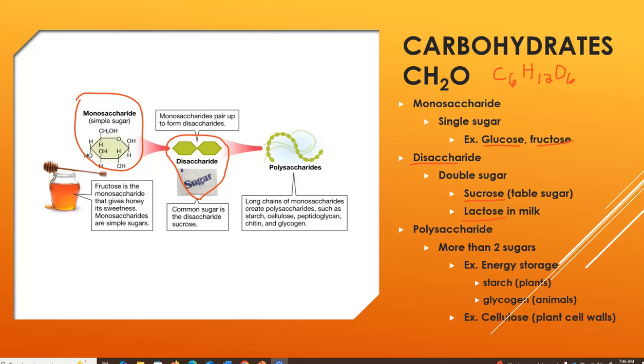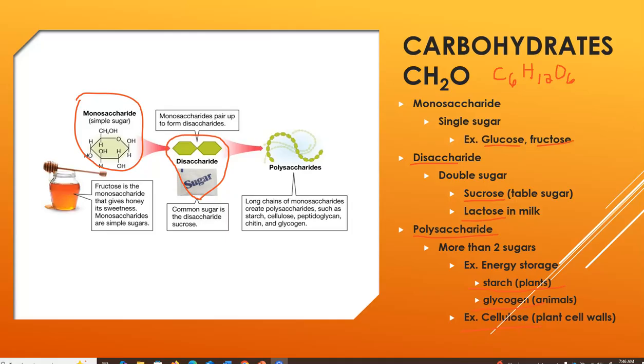Now we're going to take a big jump and say, what if we join a lot more of these monosaccharides together? Then we have what is called a polysaccharide, where we have more than two sugars. So in this case, we can talk about large molecules such as starch or glycogen or cellulose. These are when we have hundreds of monosaccharides, if not thousands of monosaccharides joined together.